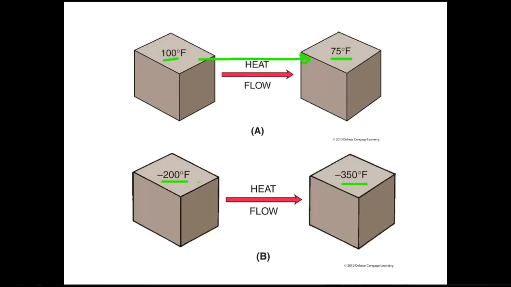It has molecules in motion, although not as much as these blocks up here. There is heat energy contained in this block of lead, and the molecular motion or heat energy will in fact flow from a substance that is minus 200 degrees to minus 350 degrees Fahrenheit. And that's why I want you to think about heat again as molecules in motion, not something that is hot or cold to our touch.